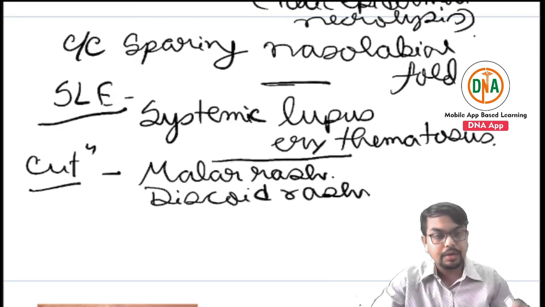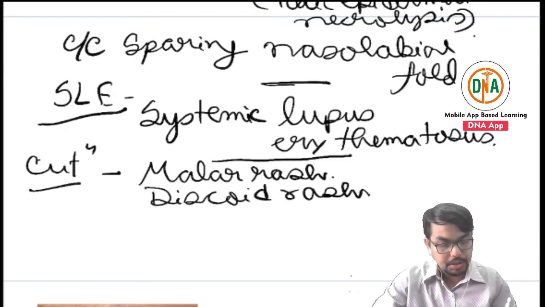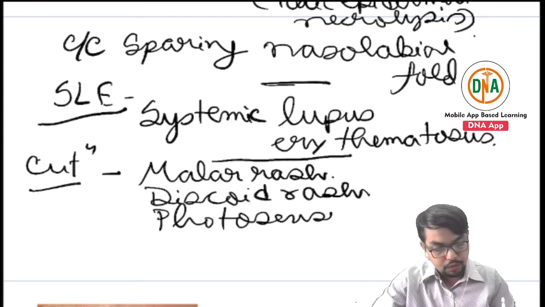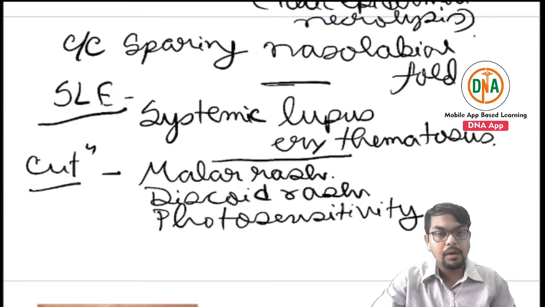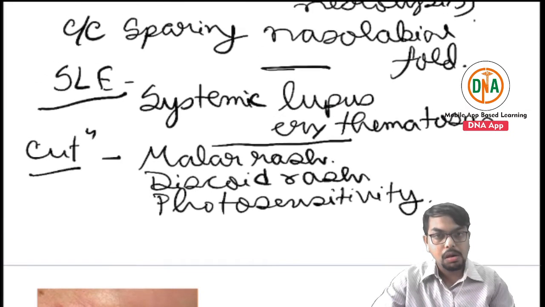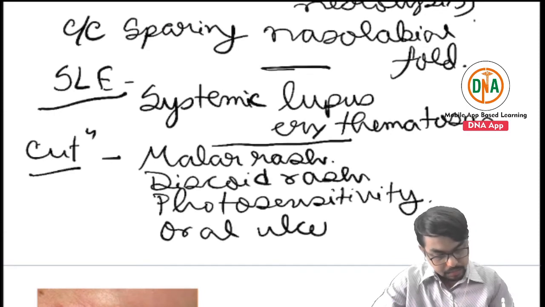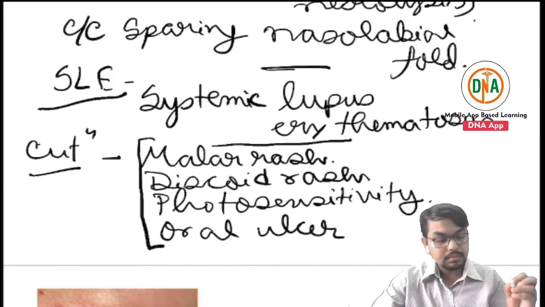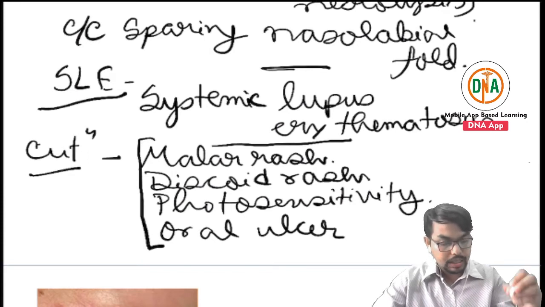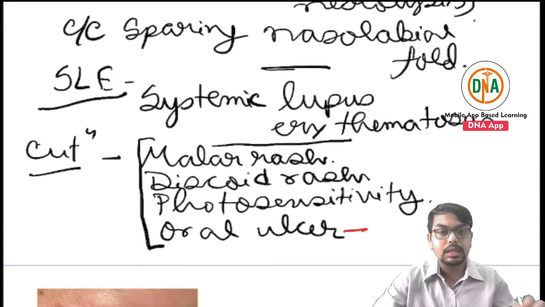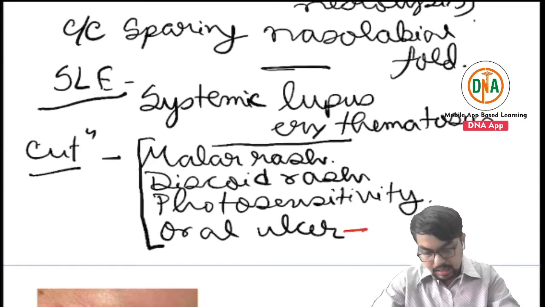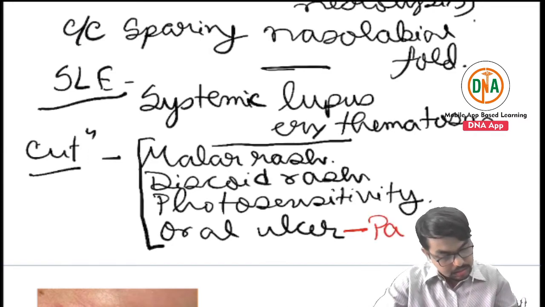Both of these we have seen. Third is photosensitivity. And fourth one is oral ulcer. The oral ulcer of SLE is very characteristic. It is a painless oral ulcer.